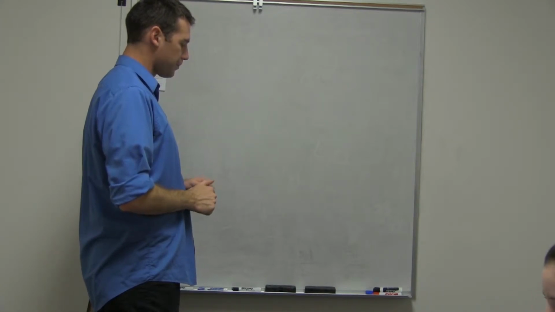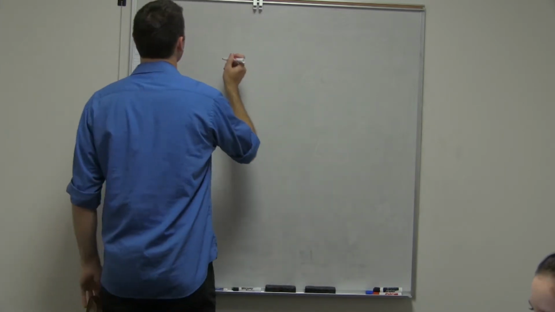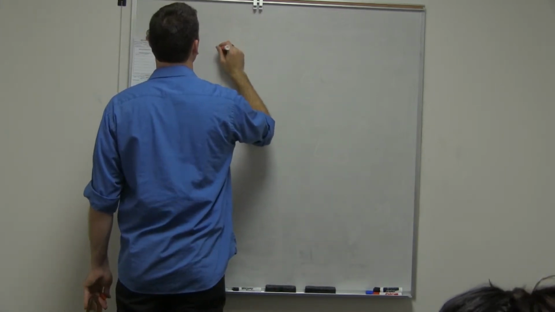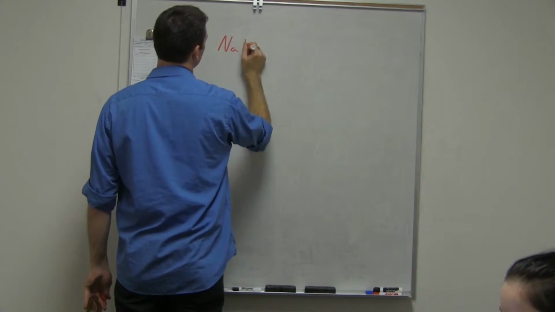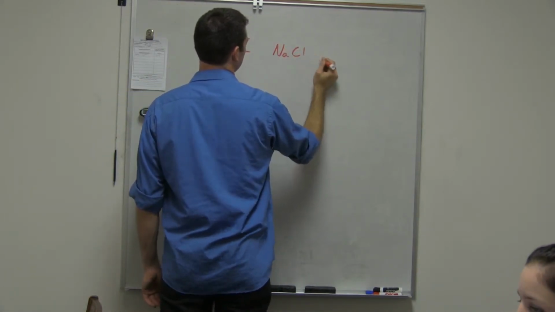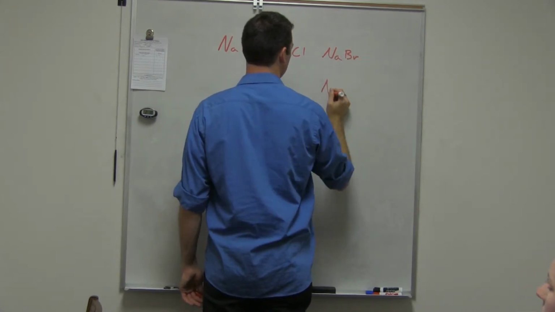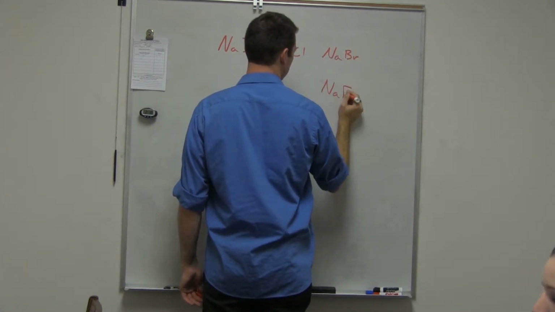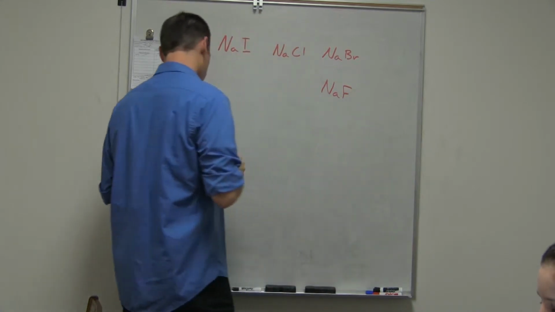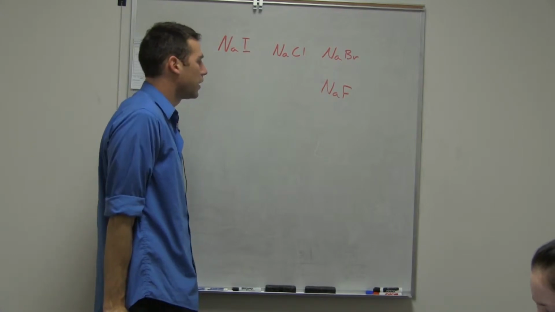Okay, so what's the ions? We have NaI, NaCl, NaBr, and NaF. It's asking which one's going to be the most soluble of the bunch.